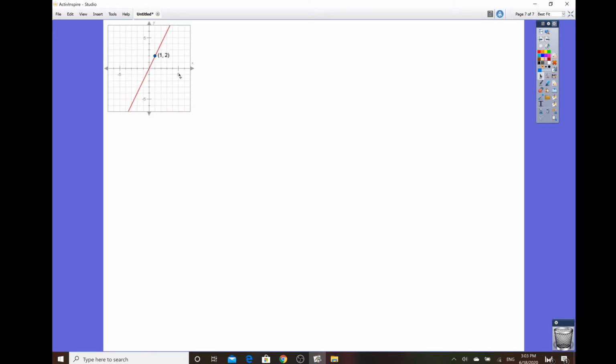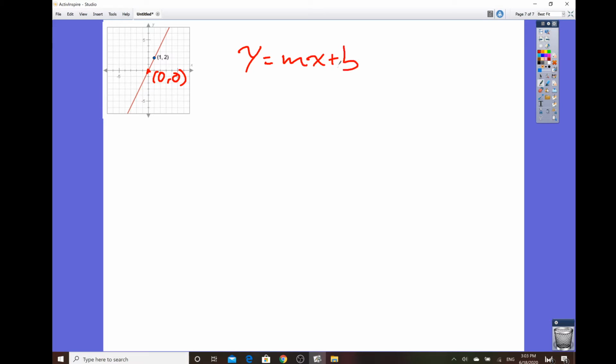So what we got for this one? As you can see, the y-intercept here is 0, 0. So let me just label that. It's right here at the origin. And one thing that we noticed, the linear model is always mx plus b, and it's also called the slope-intercept form, for those who took Algebra 1 last year.